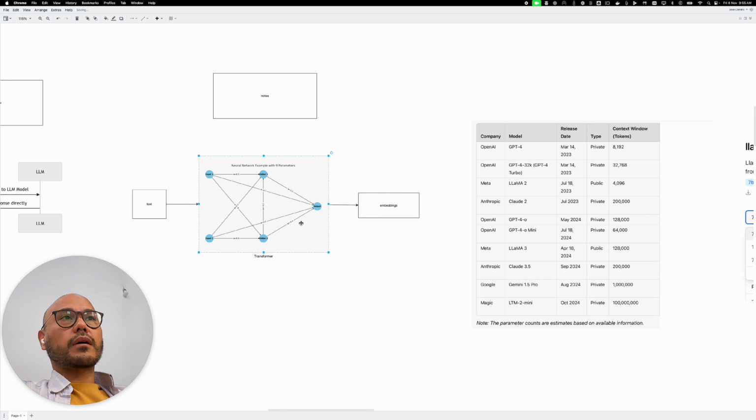Here we will have a transformer. The transformer is part of the LLM, and it does this transformation from text to embeddings. The main characteristics of the transformer are the attributes or the parameters.